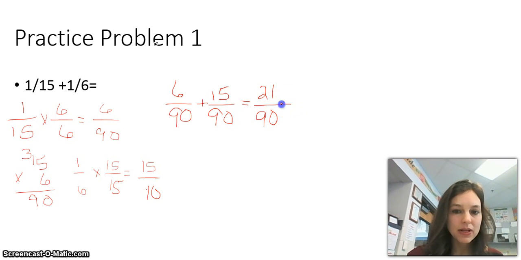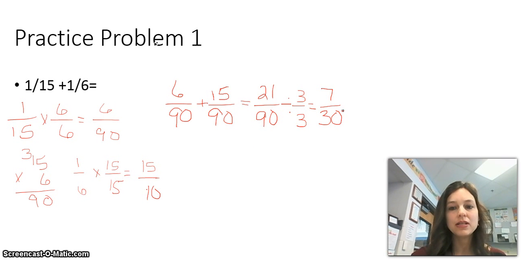Now I can reduce that by dividing by 3/3. 3 will go into 21 7 times, and 3 will go into 90 30 times. So my final answer is 7/30ths. Is that what you got? If so, great job. If not, go back and make your corrections, and let's move on.